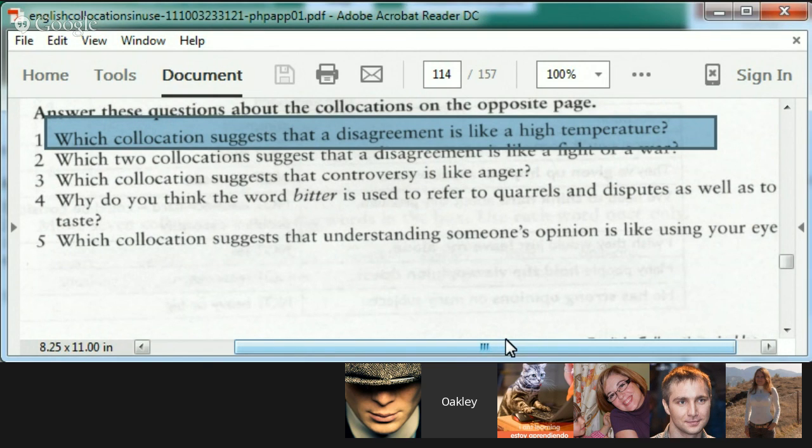Or for example, bitter dispute. Okay. Well, not really bitter, but yeah, a heated argument, a heated discussion, hot topic. We talked about that. Yeah.